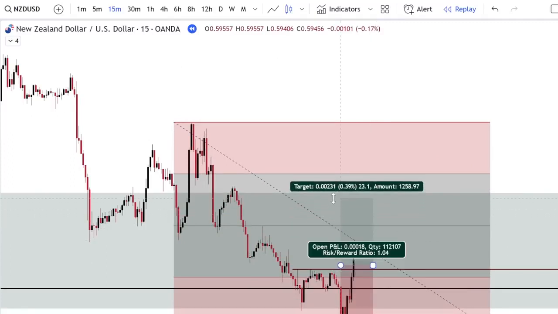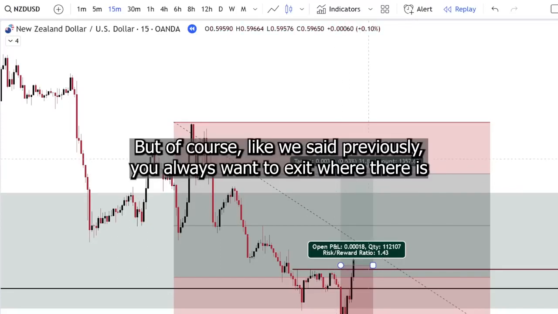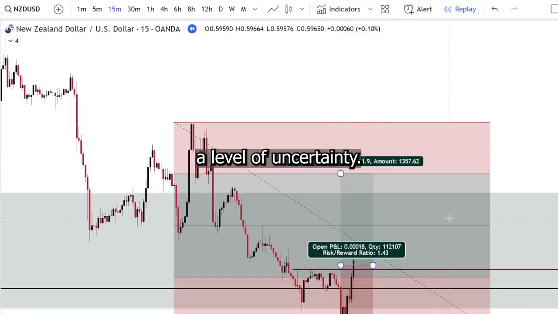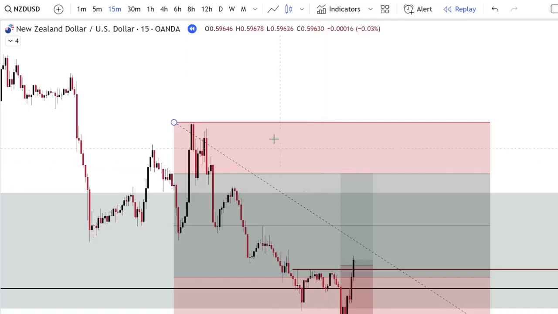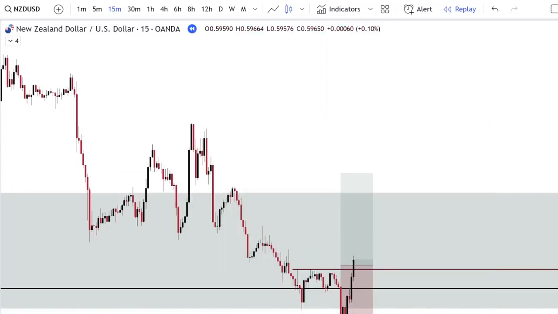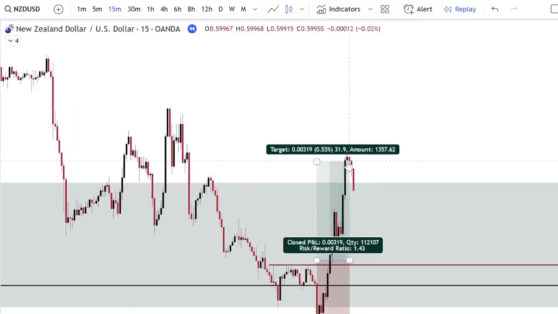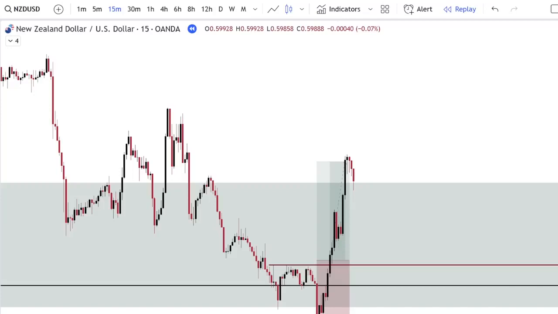Your first TP could be somewhere right here. Your second TP could be here, and you can hold the trade further than that. But of course, like we said previously, you always want to exit where there is a level of uncertainty. And our level of uncertainty is our extreme. And it hit our TP.